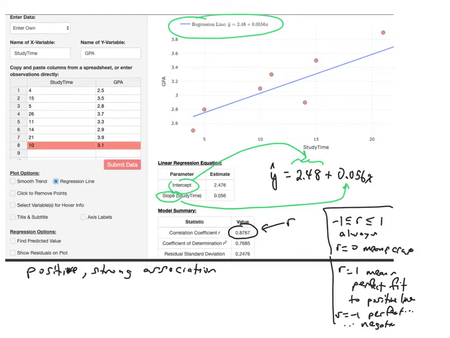If your R value is more in the sort of 0.4, 0.5, 0.6 range, then you might say there's a moderate association. And if your R is down by near 0 or 0.1 or 0.2, then you would say there's a weak association or really no association. The closer the R is to 0, the less association you have.